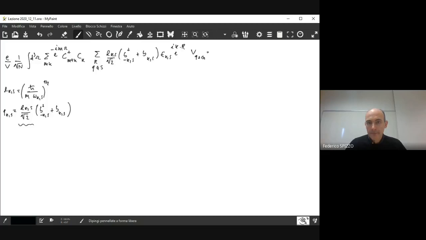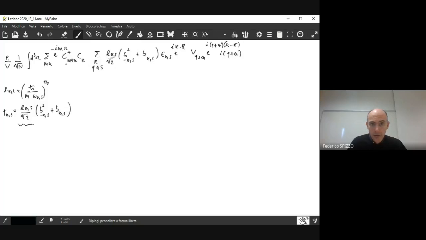There is the phase, and when I make the derivative with respect to the position coordinate, I have an i (q plus g) that comes down. I think that this should be everything.